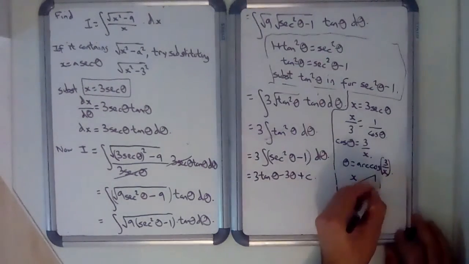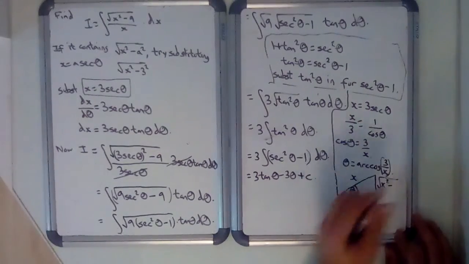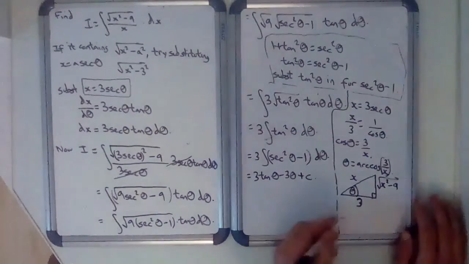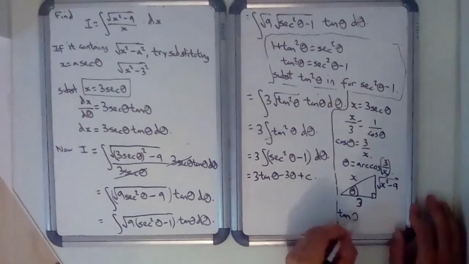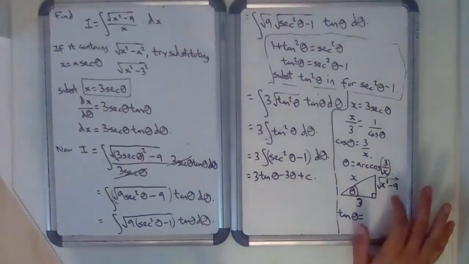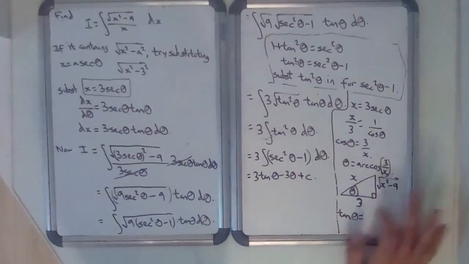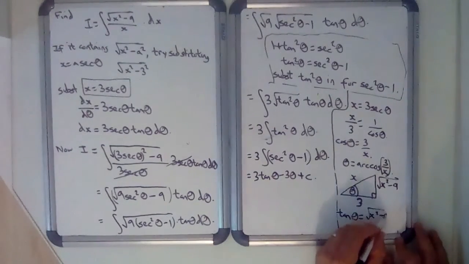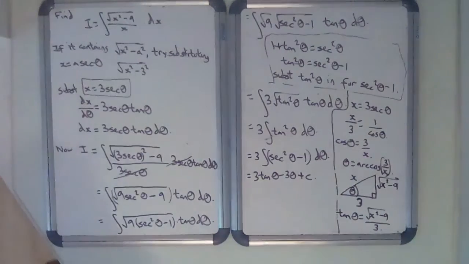So this is the square root of long side x squared minus 3 squared, well that's 9. So that means that tan theta must be opposite over adjacent, so it's that over 3 equals root x squared minus 9 over 3. So now we're nearly there.